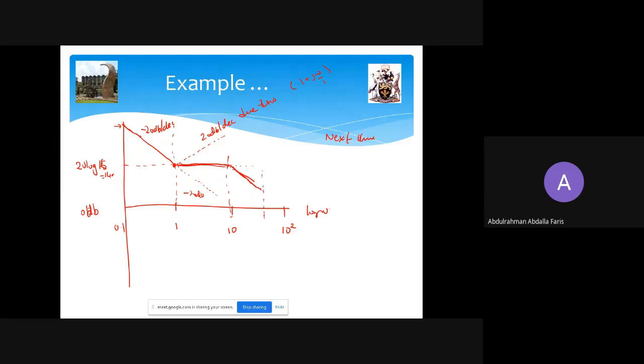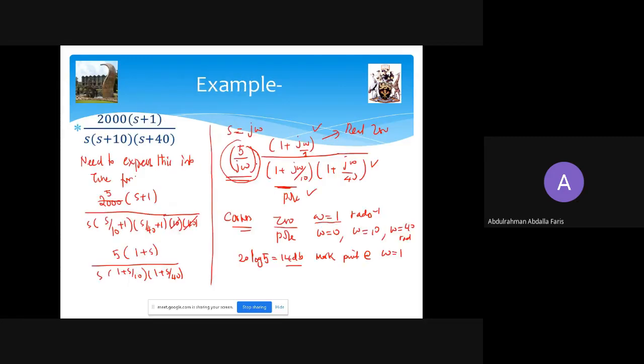And that corner frequency is what? Someone? 40. Okay, at 40. So this is minus 20 dB per decade, this is 0 dB, and this is minus 20 dB. The next is due to the contribution of a pole, which is also minus 20 dB.